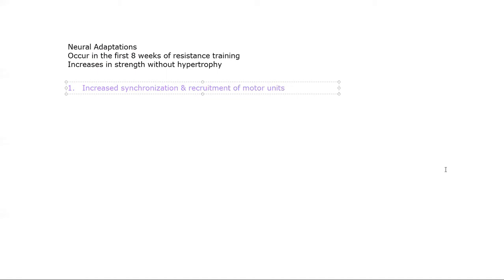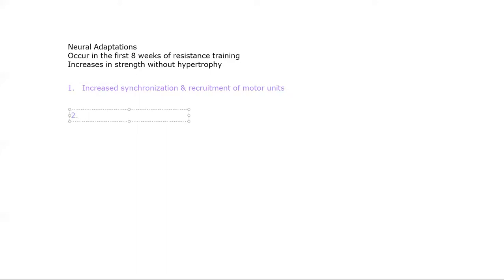So with resistance training, your neurological system learns to fire the motor units together. If you can fire the motor units together, that's going to come across to you as an increase in strength. I can lift something heavier than I could before. Not because of hypertrophy, but because of just a neural adaptation that has allowed you to coordinate the firing of your motor units together. Okay, stop me if you have a question.